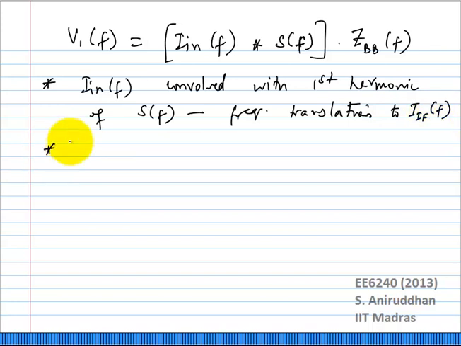Then V1 of f is IIF of f multiplied with the baseband impedance. So you get first the frequency translation by convolving with S of f, and then you multiply it by the baseband impedance to create the voltage.